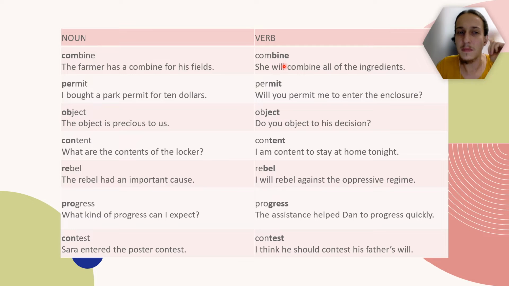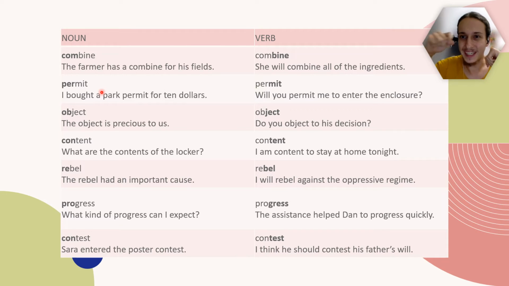Let's look at another example. Permit, permit. I bought a park permit for $10. A park permit. I have a piece of paper with a permit.